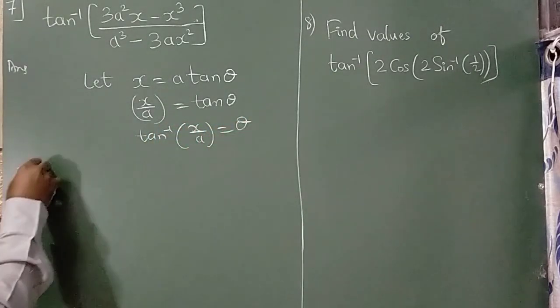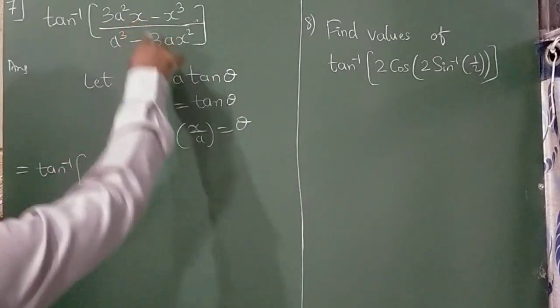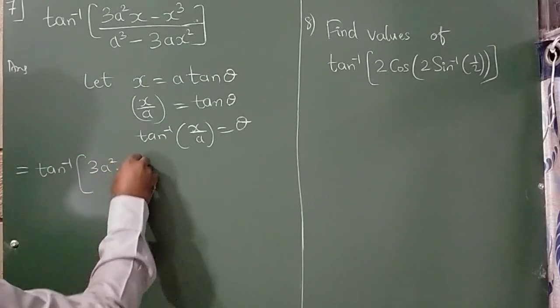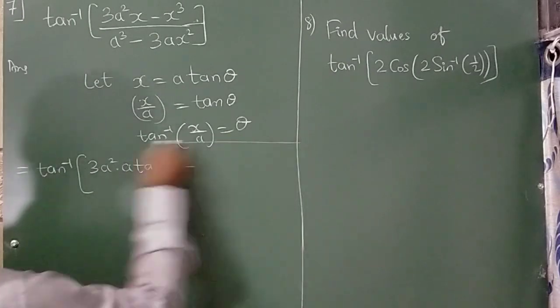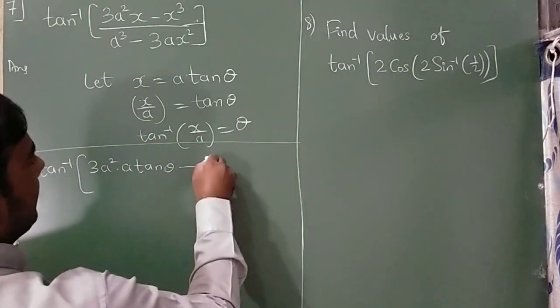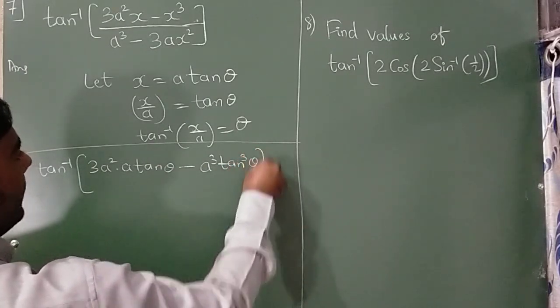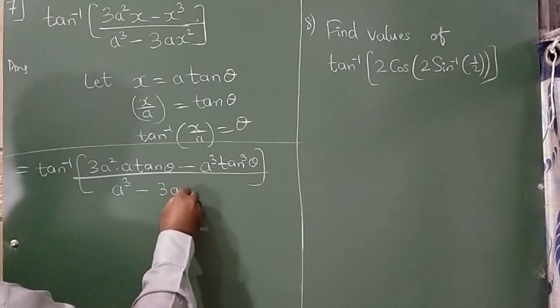Now tan inverse of, in place of x, I am going to substitute this. So it will become 3a square into a tan theta, minus a cube tan cube theta, whole divided by a cube minus 3a.